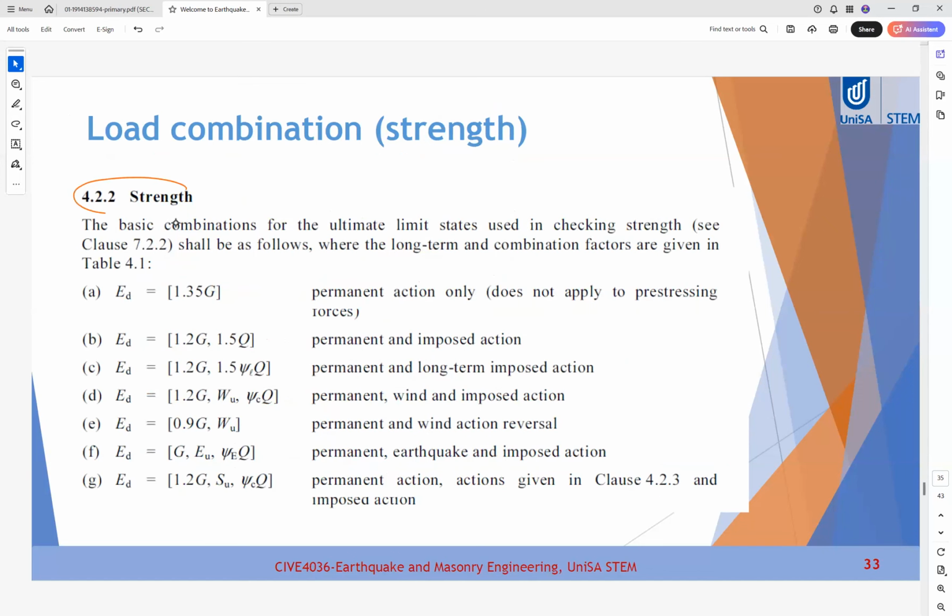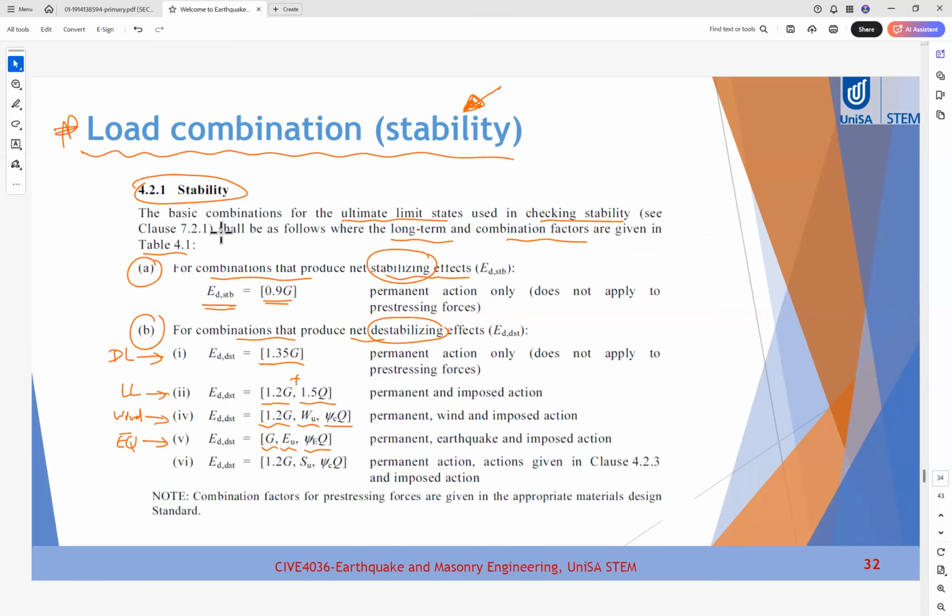For strength, similar to any design of steel or concrete or timber, the basic combination for ultimate limit state and checking strengths shall be as follows for long term, and combination factors are in Table 4, and all these combinations are in AS 1170.0, and also the stability combinations are in AS 1170.0.